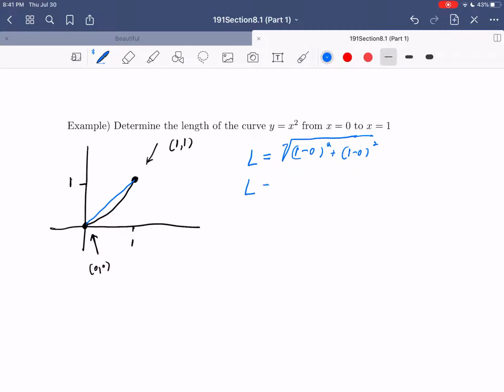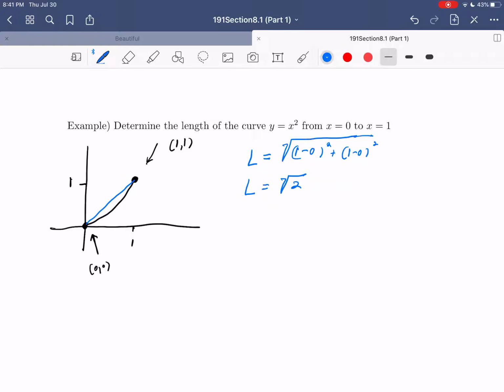You should be able to easily see that the straight line distance is root 2. Why am I bothering to do this? Well, because I know whatever the answer is that we get for the length of our curve has to be bigger than root 2, because one geometric fact is straight line distance is always the shortest. So if we're going along some non-straight path, it has to be greater than root 2.